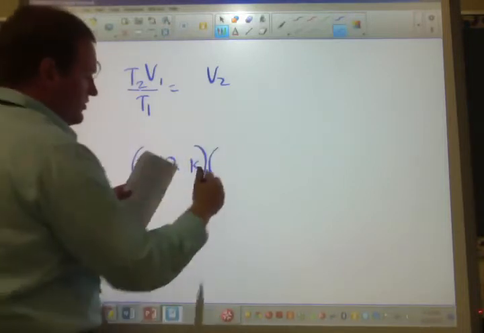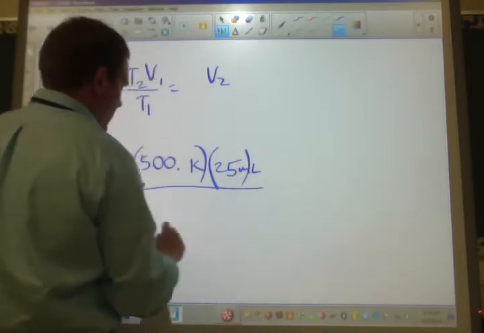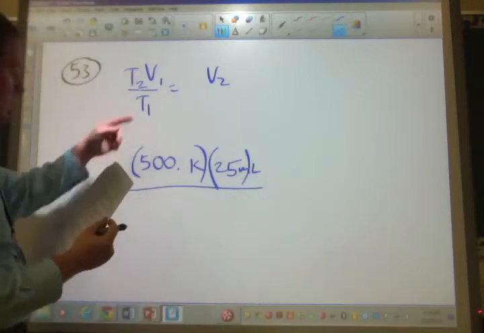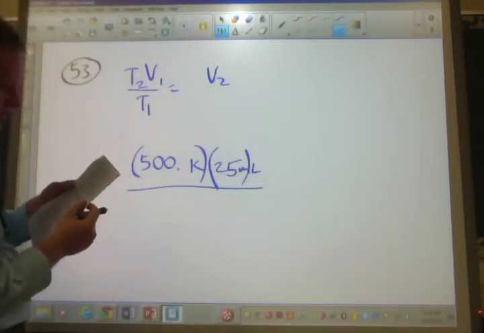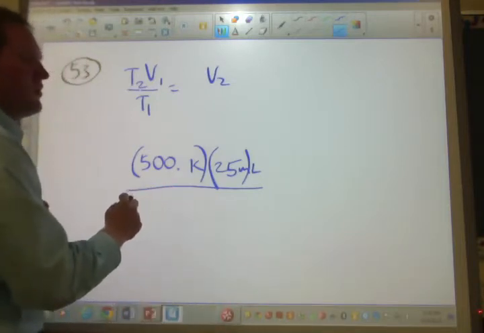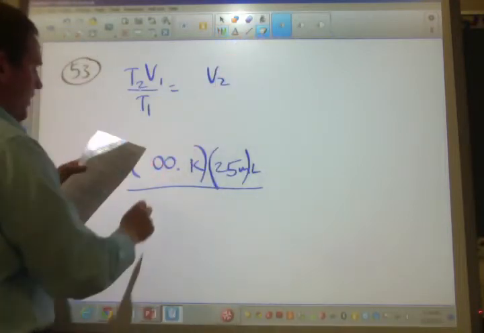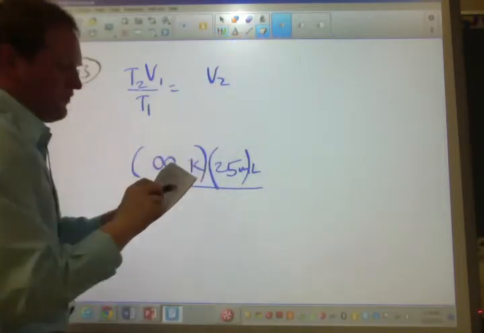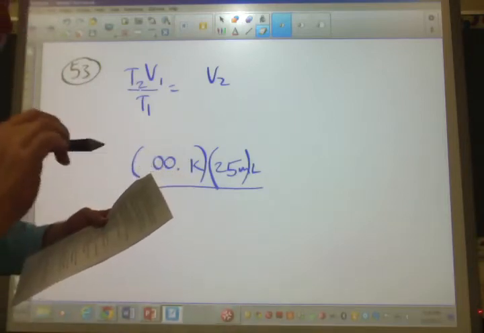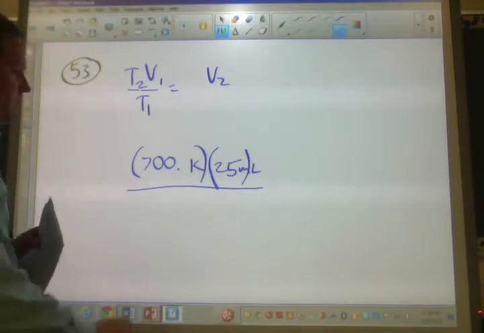times V1, which is 25 milliliters, divided by my T1, which is 27 degrees Celsius, or, did I do the math right here? I did the math wrong here, didn't I? 427 plus 273 should give me 700. 700.